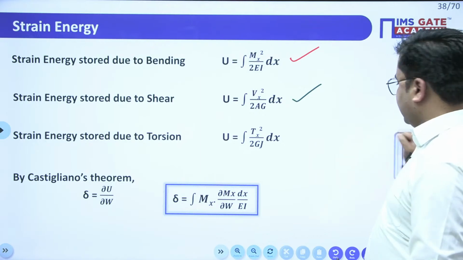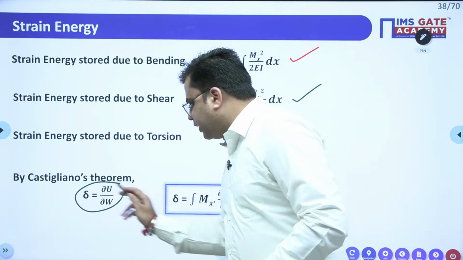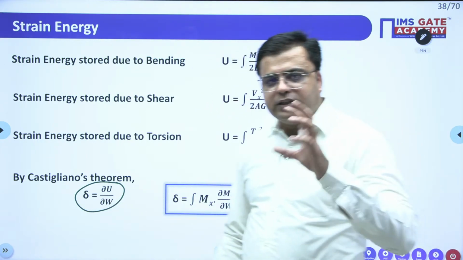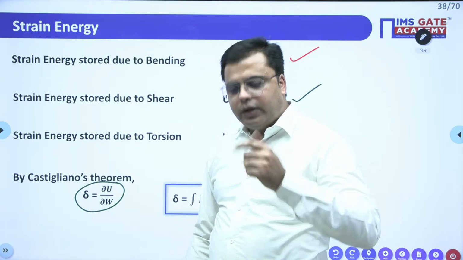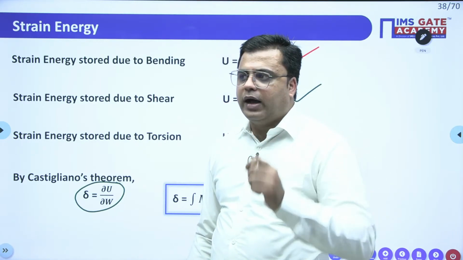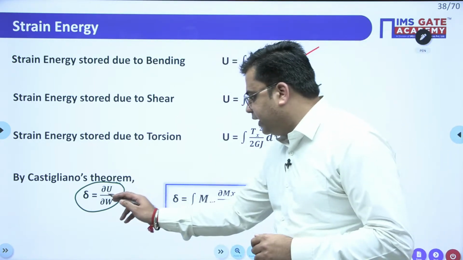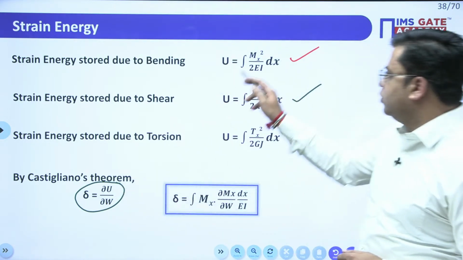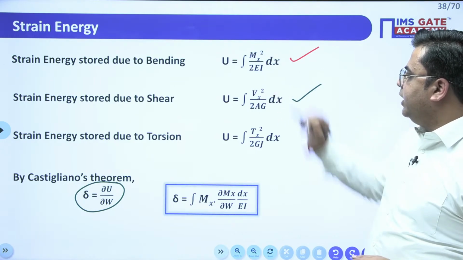As per Castigliano's theorem, we know that the deformation delta can be calculated by partially differentiating the strain energy with respect to the load in the direction in which we want the displacement, correct? So I have just differentiated this strain energy. We know that strain energy U is equal to integration of Mx square upon 2EI into dx.